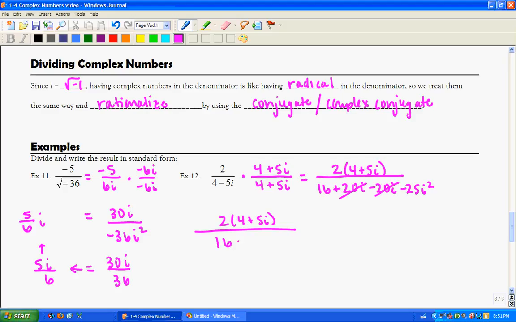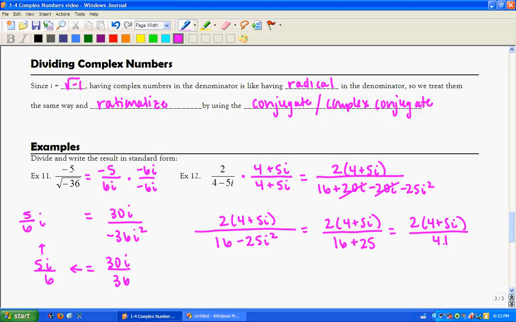That will leave us with 16 minus 25i squared. But as we just learned, i squared is -1. And so we could rewrite that on the bottom as 16 plus 25, which is equal to 41. So we can rewrite the top and put it over 41.